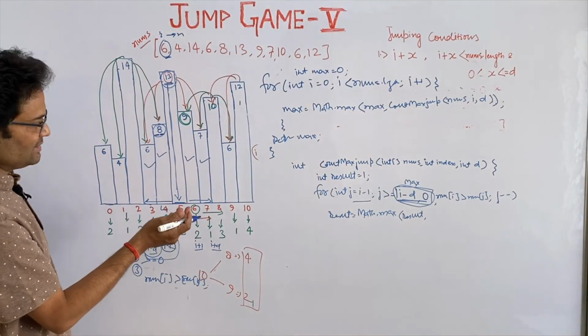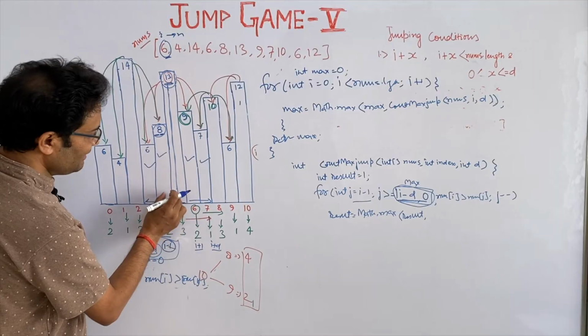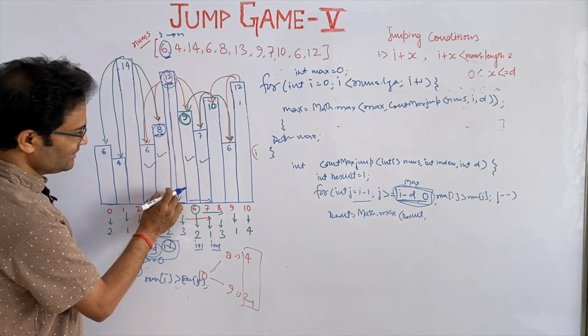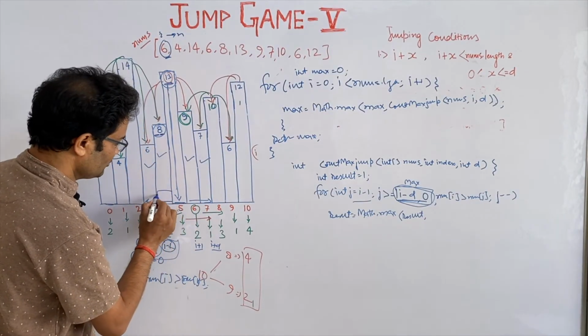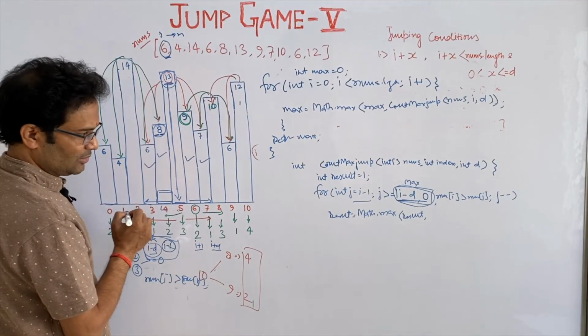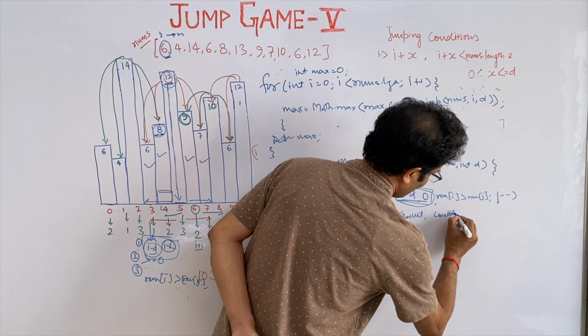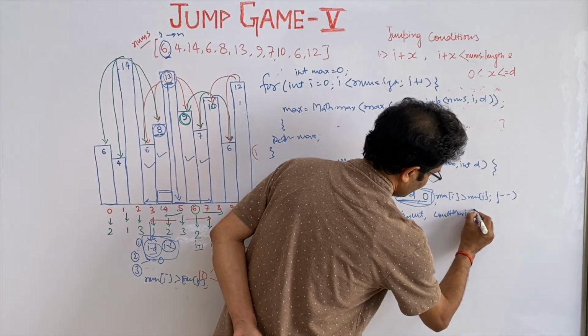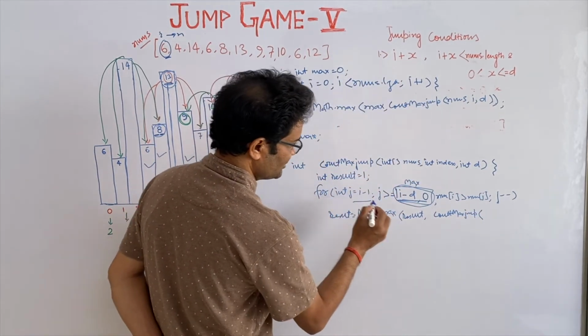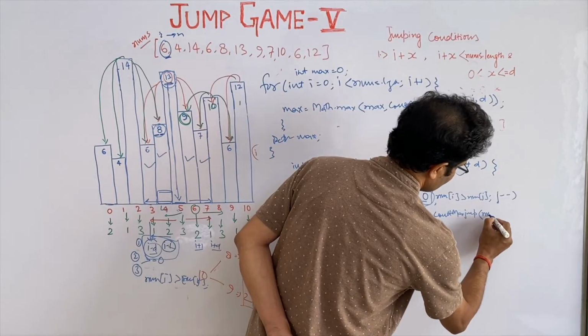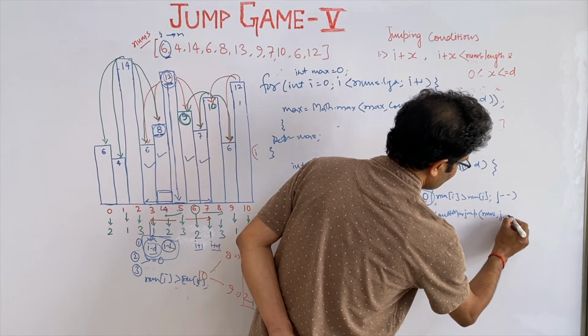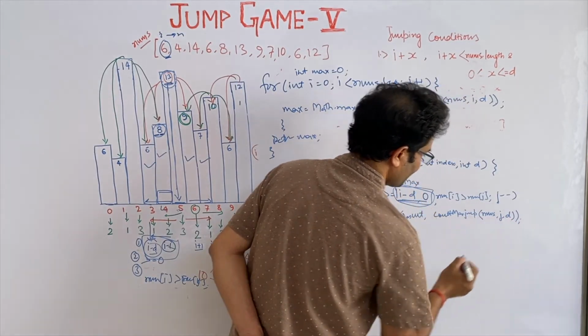the previous result and the current visiting element. What is the current visiting element? This one. So for that one we have to find out the jump. So again you have to call this method recursively, count max jump, and you have to pass this time nums, then j, and then d.